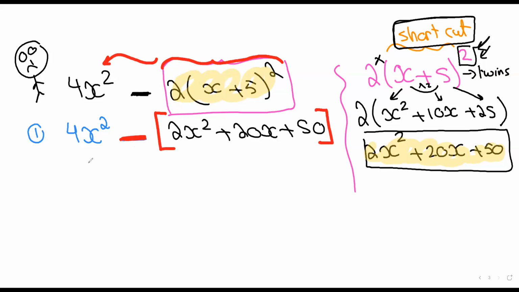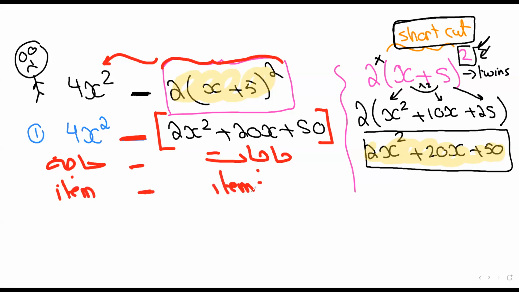We always need to get used to this: if I have an item minus items, I must put the items in brackets. Why?